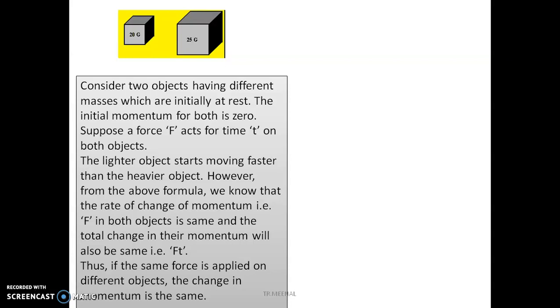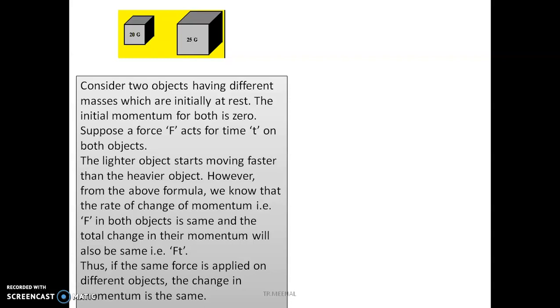Okay, so change of momentum is final minus initial momentum. Now here, the lighter object is moving faster, but since the force acting on both objects is the same, the total change in their momentum will also be the same.